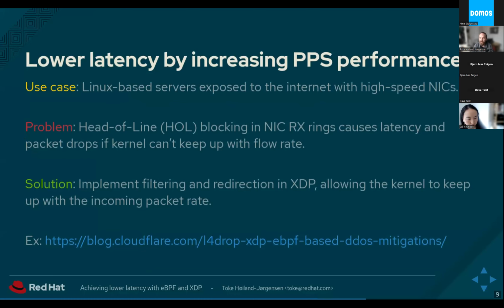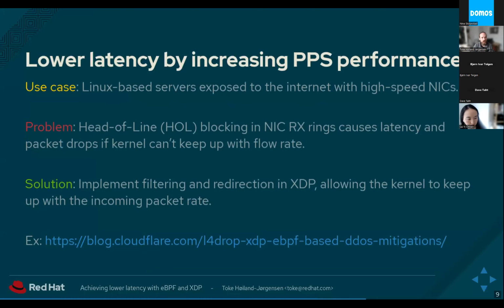If the CPU cannot keep up with the incoming packets, most network devices have pretty big ring buffers on the RX side, which means you will get packet drops if your server can't keep up with the load, but you will also get latency because you get head-of-line blocking in the hardware before the packets even get into your CPU and your server can process them.